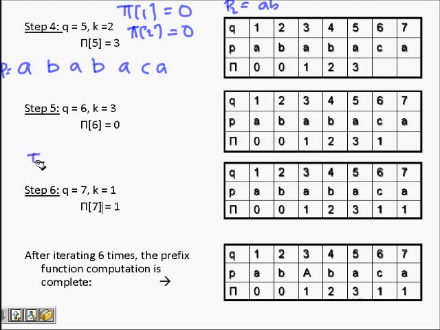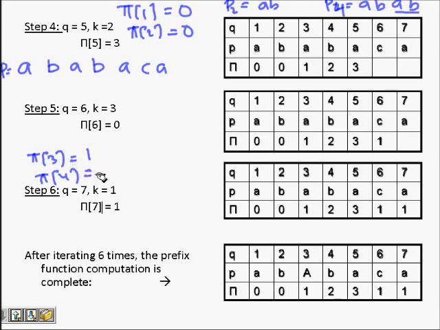Now let's try pi of 3. Your p3 is aba. So a is a suffix of this, ab is not a suffix of this. So pi of 3 is 1. Pi of 4, you have p4 here, abab. A is not a suffix of this one, ab is a suffix here, aba is not a suffix.